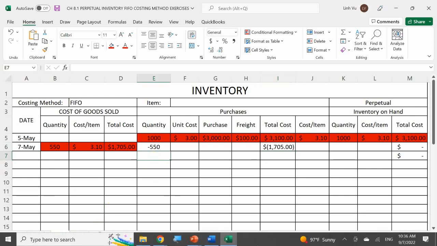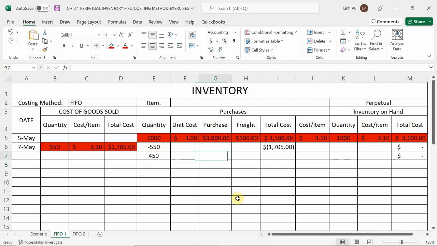If I started out with 1,000 units and I sold 550, what is the grand total I should have left over? 450. You should have 450 units left. Good. Okay. What about this part right here where if I started with $3,100 and I sold 1,705, how much should I have left?